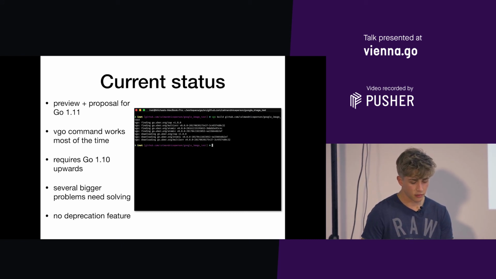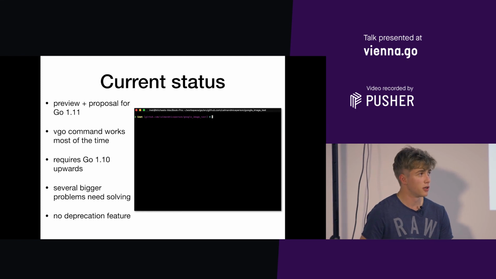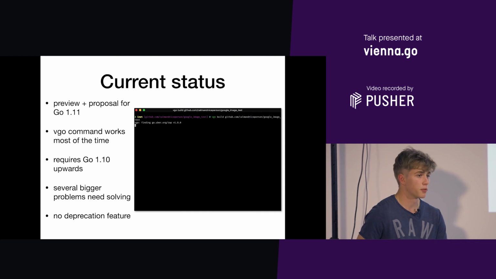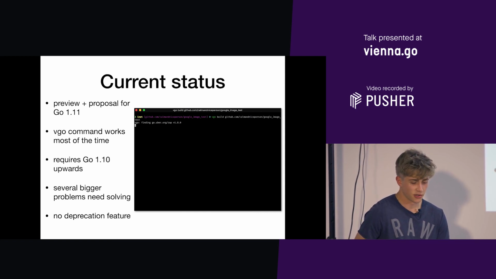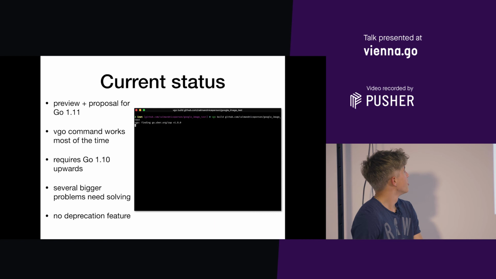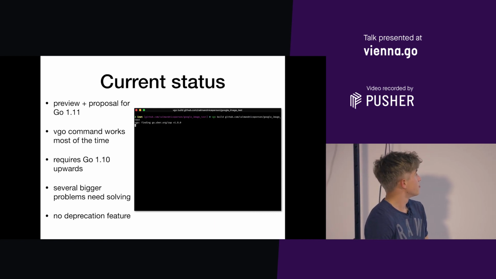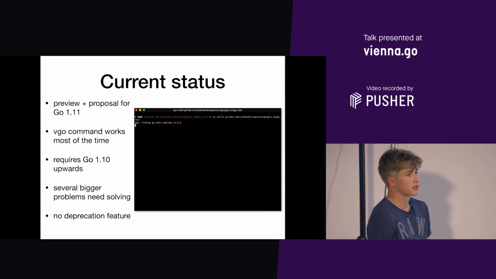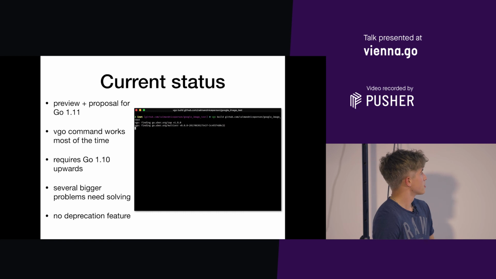And then end the support for GoPath and non-modules via GoGet by 1.13. So yeah, there are still many bigger problems that need solving, so it's going to take some time. It's not going to be a fast development of the new module management.